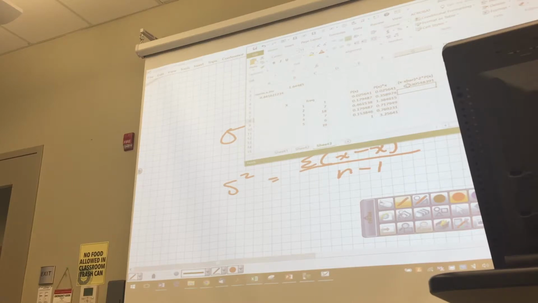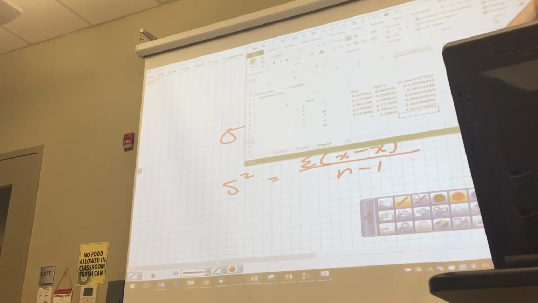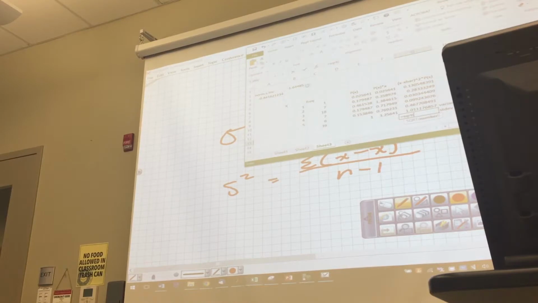And when I drag that down and then sum it, what does this 1.011111 represent? The standard deviation? No, the variance. This is the variance. Now, how do I get the standard deviation? I take the square root of the variance.